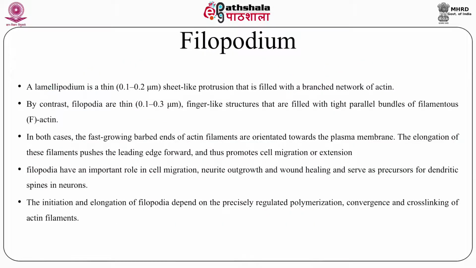The elongation of these filaments pushes the leading edge forward and thus promotes cell migration or extension. Filopodia have an important role in cell migration, in neurite outgrowth and wound healing, and they also serve as precursors for dendritic spines in neurons.